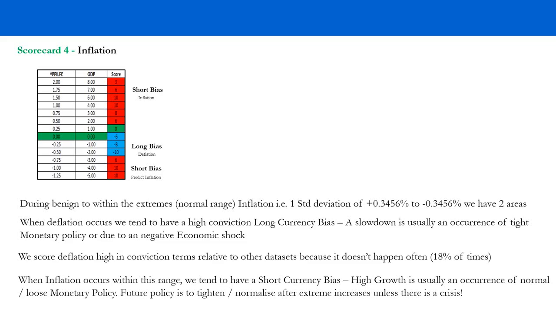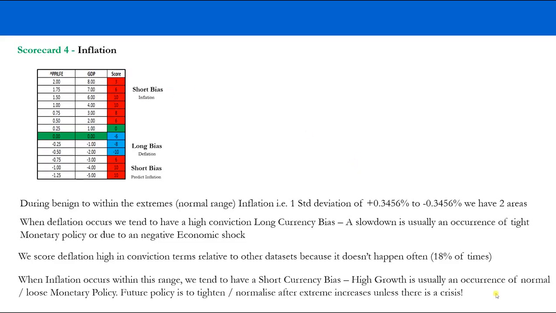And when inflation occurs within this range, we tend to have a short currency bias, and high growth is usually an occurrence of normal or loose monetary policy. And future policy is to tighten or normalize on extremes, so extreme positives outside the normal bound. So let's put all of this together and try to cement exactly what's going on here again.